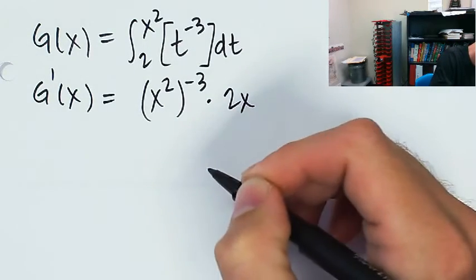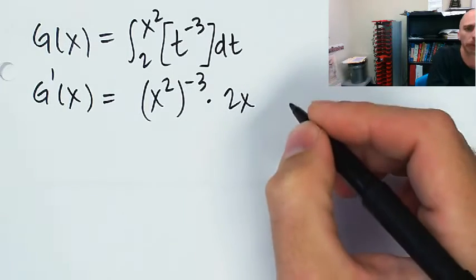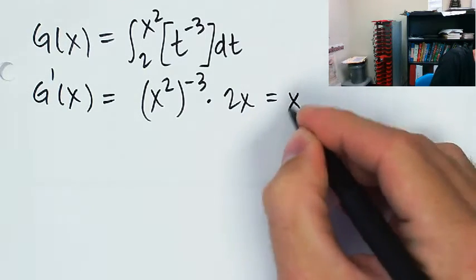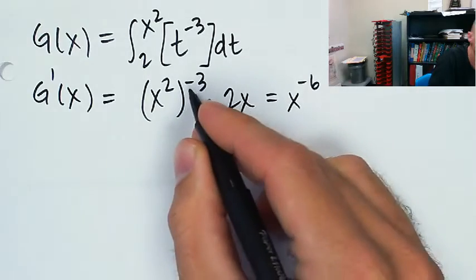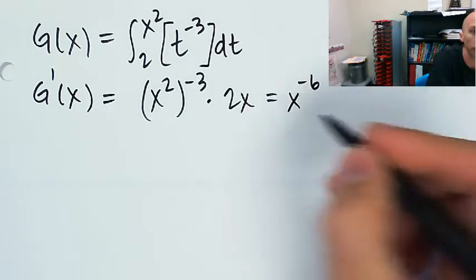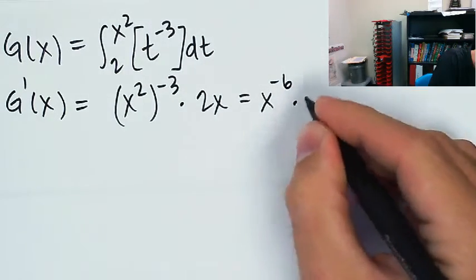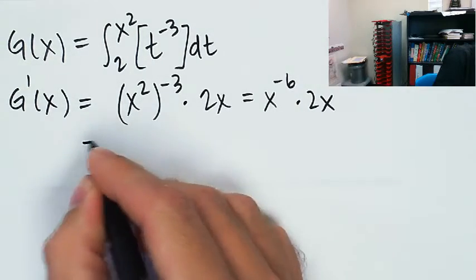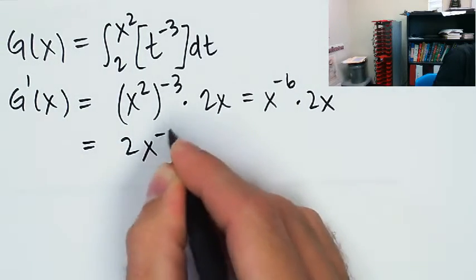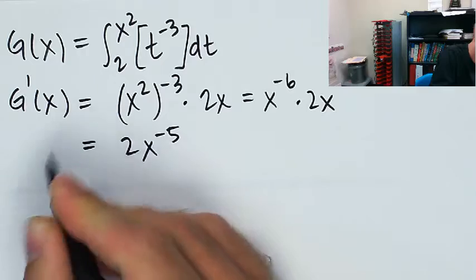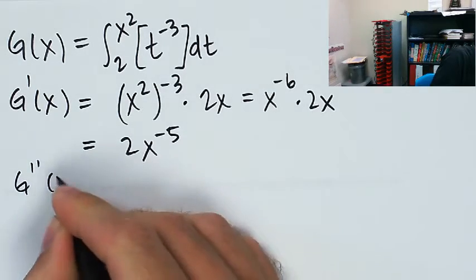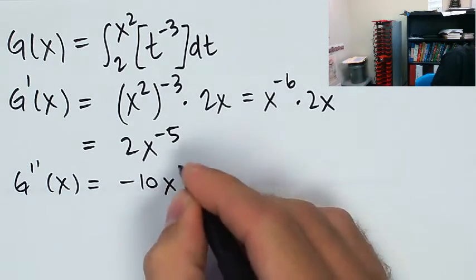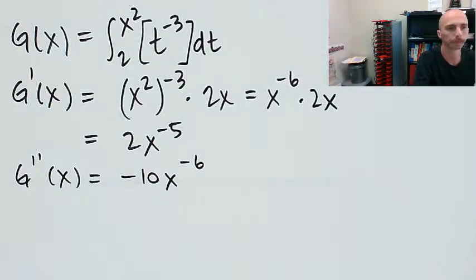Okay. And I think I will simplify this because it'll make my second derivative easier to take. That's going to be x to the negative 6, because this is a situation in which we multiply our exponents, multiplied by 2x. That's 2x to the first. So that's equal to 2x to the negative 5. Okay. Making g double prime, just use the power rule, negative 10x to the, subtract 1 from the power, and I get negative 6.